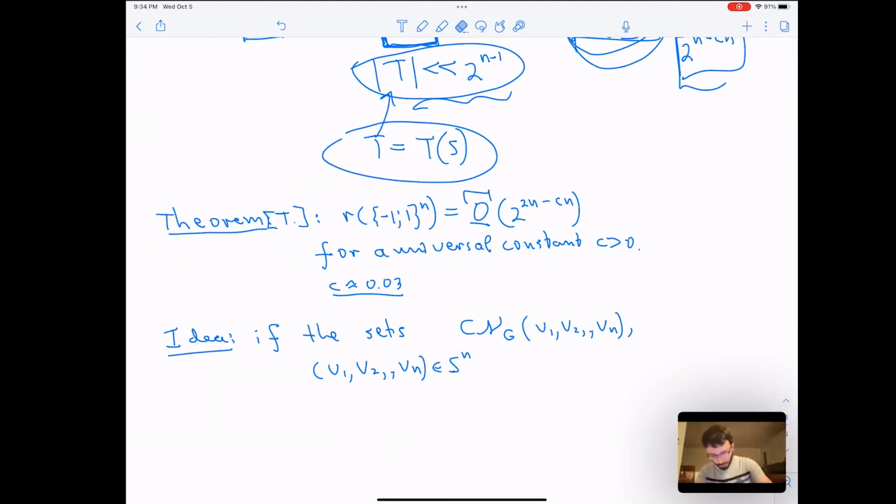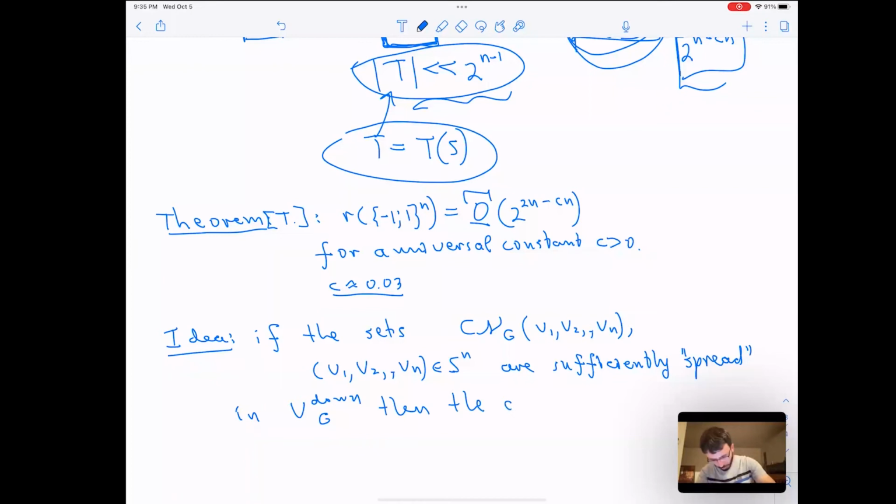So if these sets are sufficiently spread in V(G), then the above scheme can be fixed.